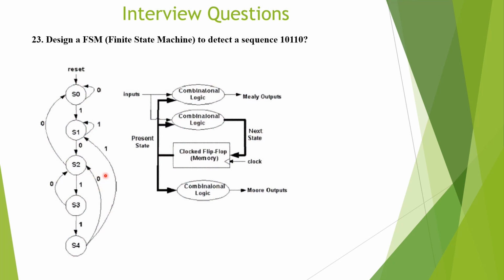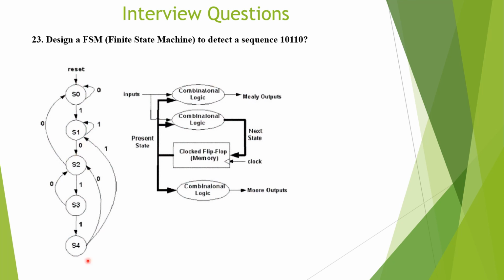The reason is that your pattern begins with 1 0 and also ends with 1 0, so the pattern could repeat, counting the last two bits 1 0 again. So you go to S2 because S2 means you already detected 1 0.